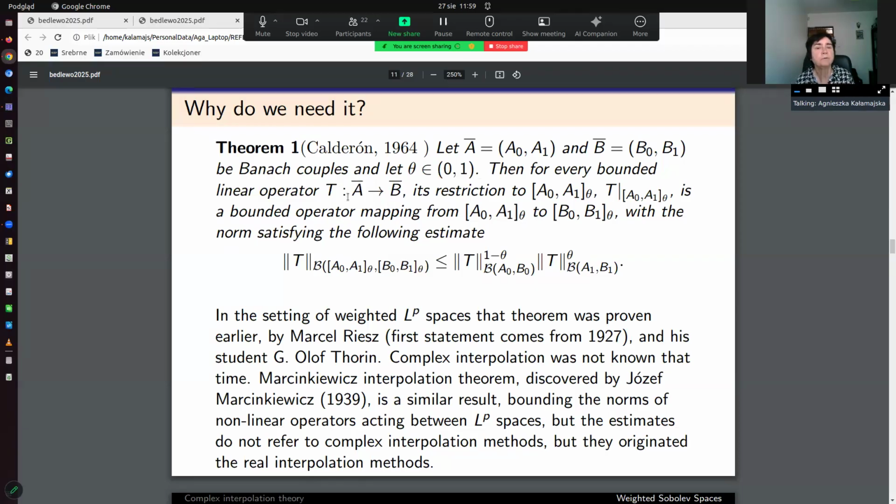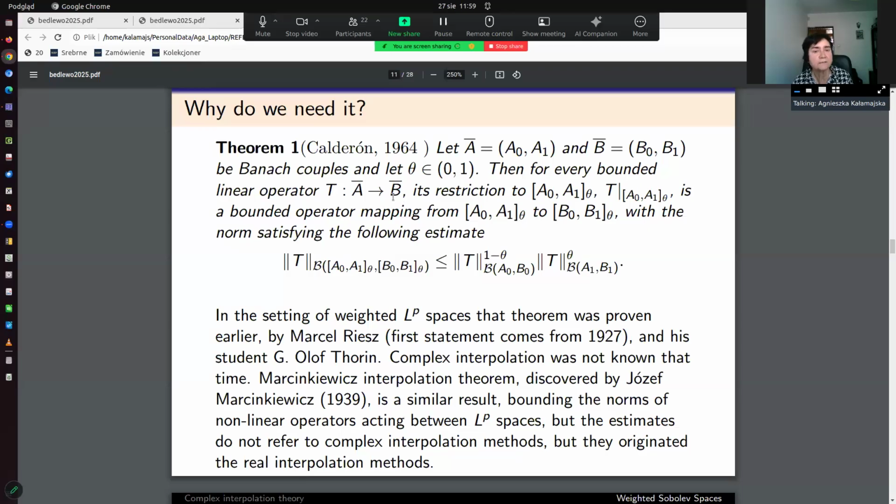Let me repeat what it means that T is linear between Banach couples. It is linear bounded between A0 plus A1 and B0 plus B1, and linear bounded from A0 to B0 and from A1 to B1.